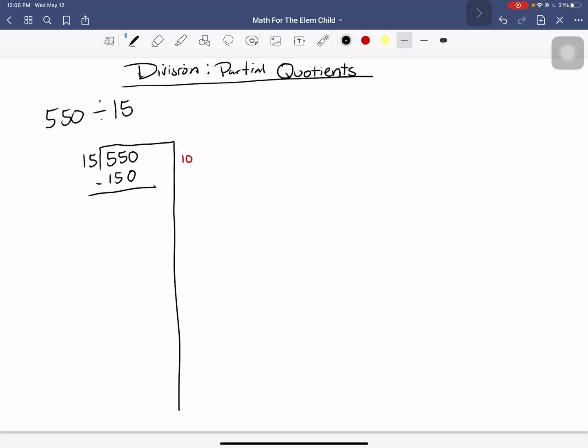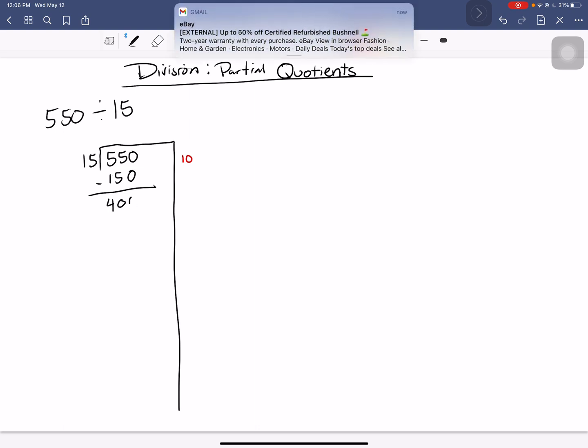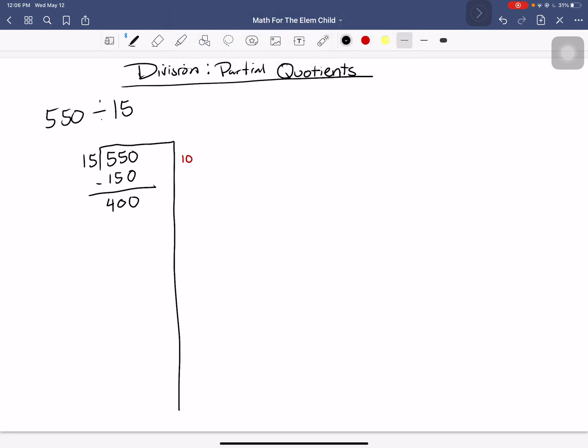Now I subtract and I have 400. I most definitely can add 150 back into 400 to get, and we subtract, and I have 250. And I can add 150 into 250.